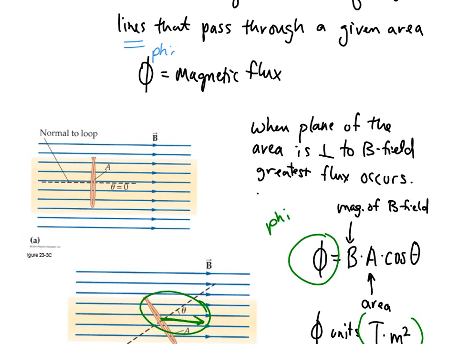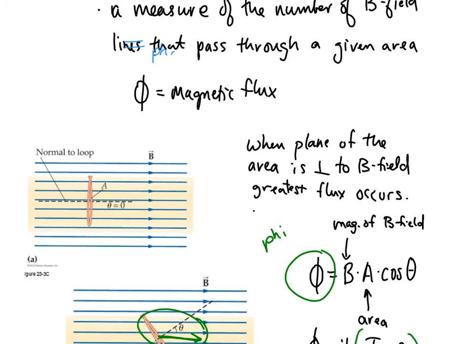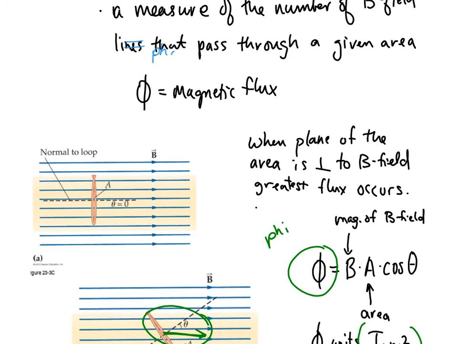Here you see a loop that is perpendicular to the plane of the page, and you see the B field lines going directly through the loop. So when the plane of the area is perpendicular to the B field, the greatest flux occurs.